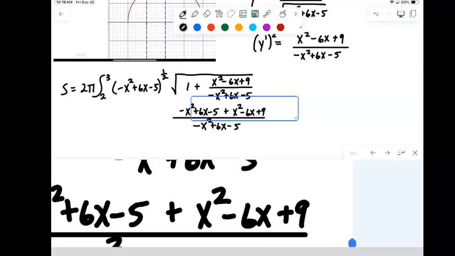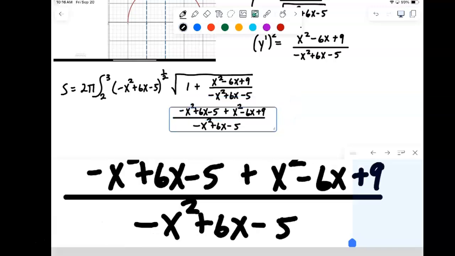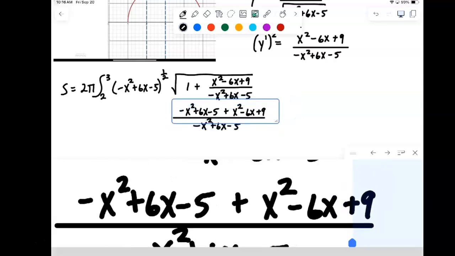Things work out nice for us now, because our x squareds will cancel out, and the 6x's will also cancel out, leaving us with just minus 5 plus 9.